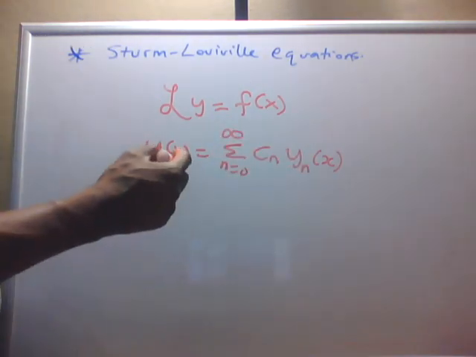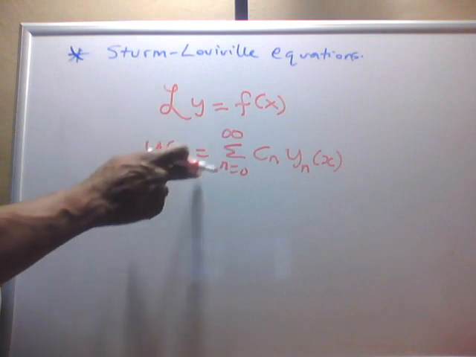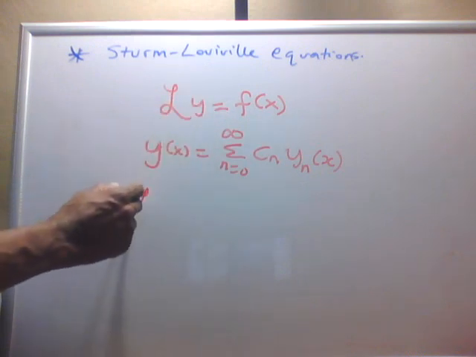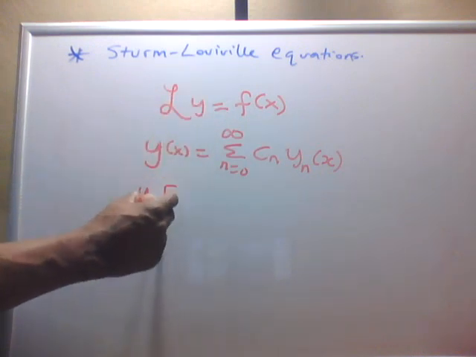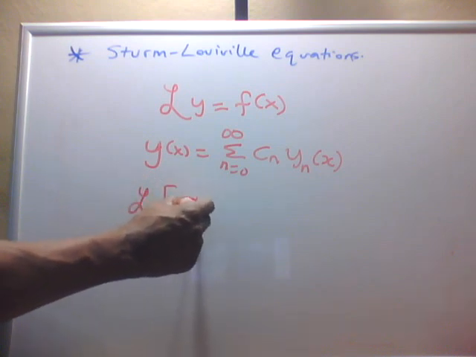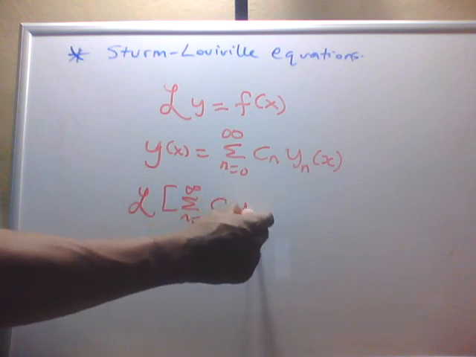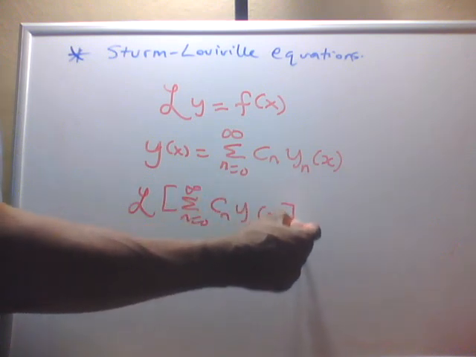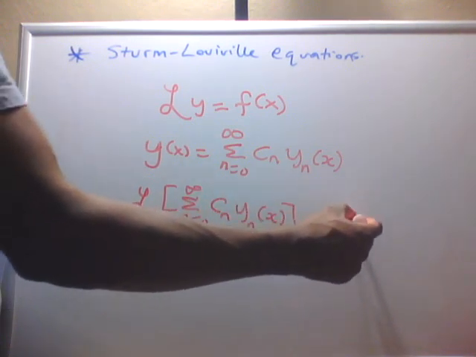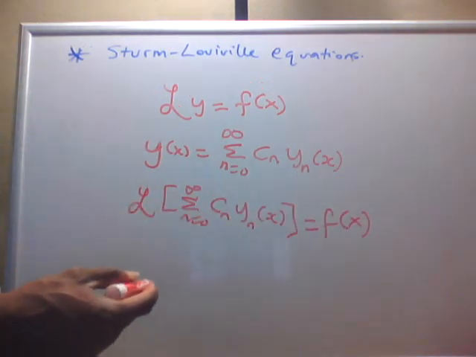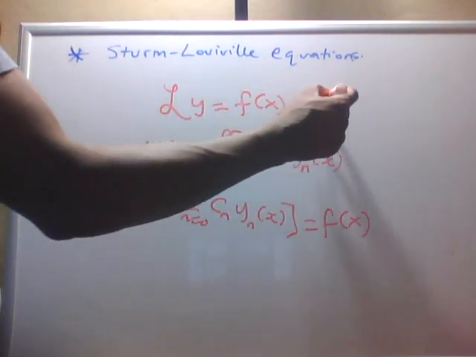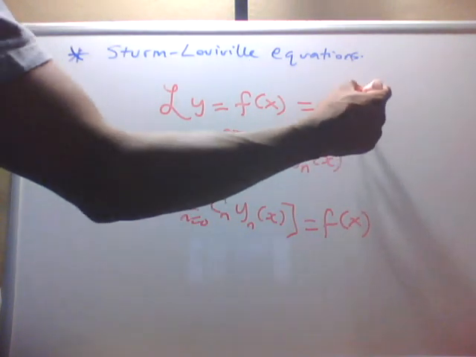And what we were showing in class was that if I plug this into my differential equation problem, I have the following. I'm going to use the general case of when I have a weight function.